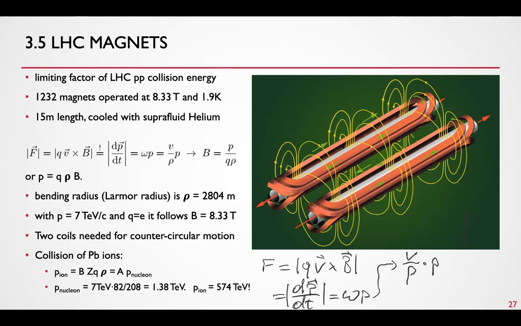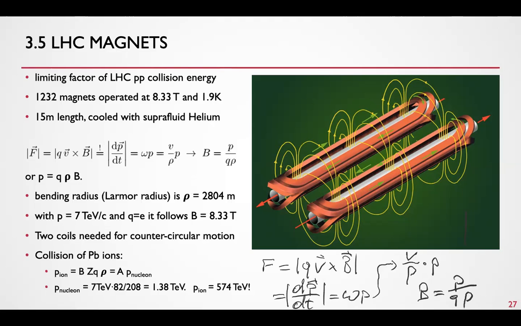I write the radius as rho, times p, and now we can equate it and compute. We can cancel the velocity, and we find that the magnetic field B equals p, the momentum, divided by the charge and the radius.